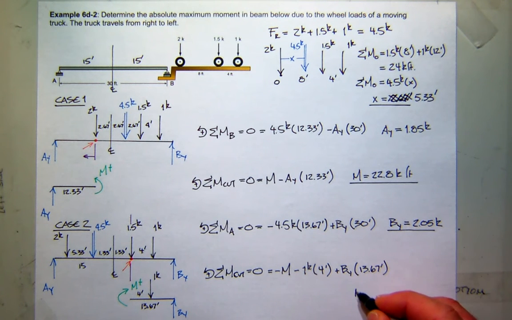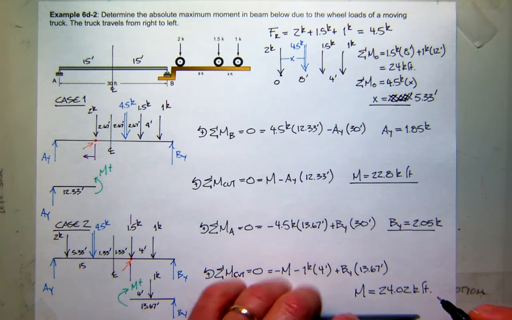So what's the moment equal to? Say that again? 38.2. That doesn't sound right. Oh, yeah, this is negative. What'd you get? 24.02. Anybody else get that? Yes. Yep. So 24.02, and that will be kip feet.